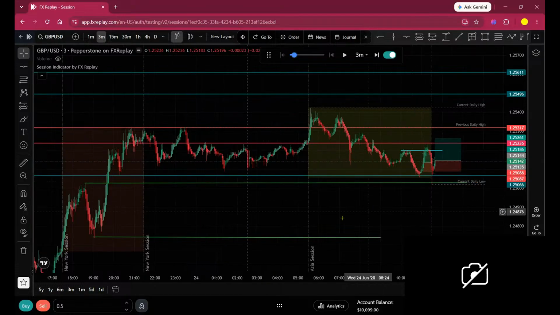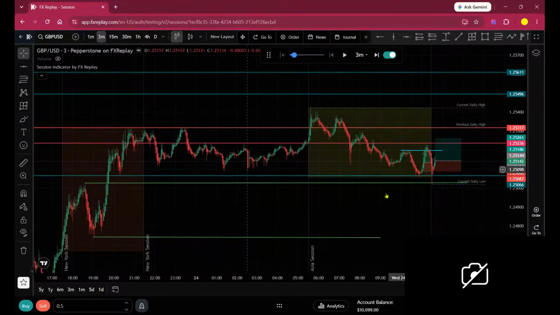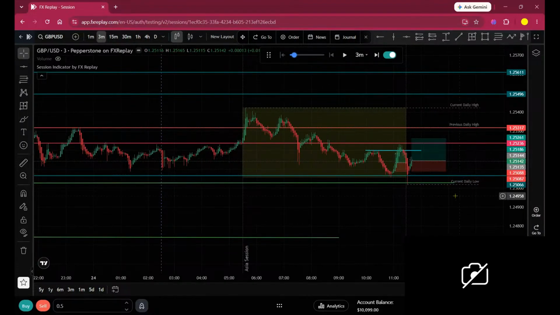That's why I'm in. But here we also have a liquidity, and it is, I think, too far. If the market wants to go this much to grab this liquidity, then as per my understanding, it will first create the liquidity, then only it will suddenly fall.